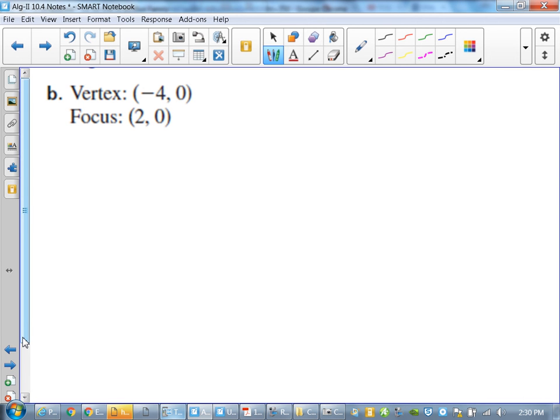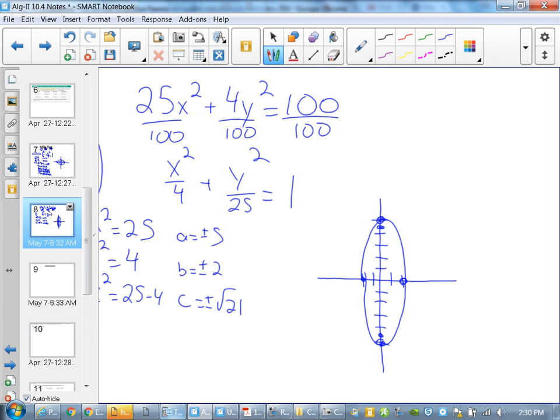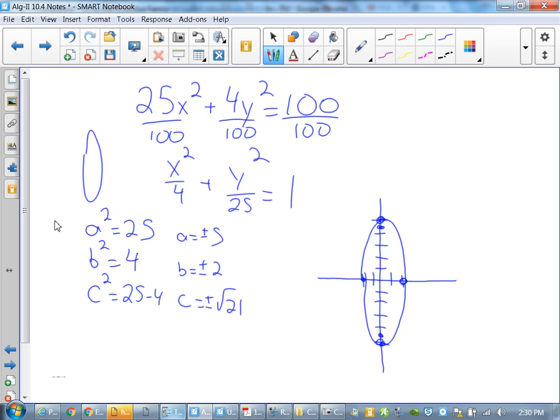Okay? So, again, yes ma'am? How come for the last one, what made 5 the vertex? The A squared was 25. So A is always the vertex. A would be the square root of that. And since we're at the origin, it's at 0. We start at the origin today. So I just go up 5 and down 5.